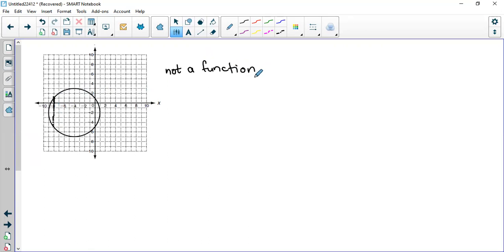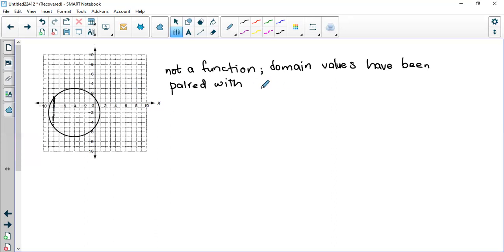So you can write not a function or not a linear function, as you could see. And we have to explain why, because you can say the domain values have been repeated, or you can say domain values have been paired with many range values, we could say, right?